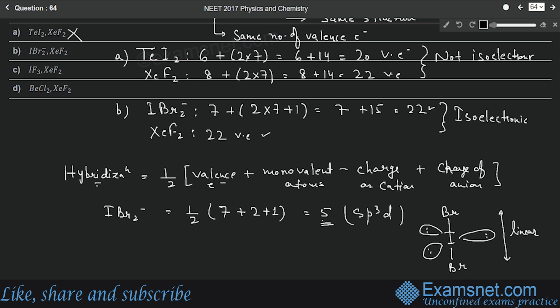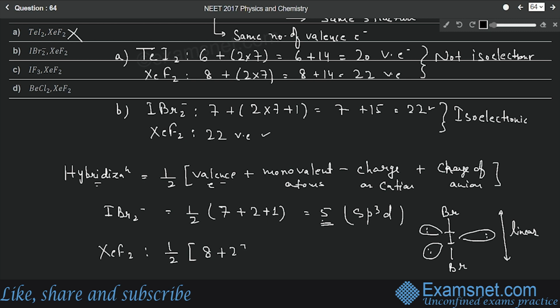If we try to find the hybridization of the second species of this pair, that is XeF2. So here we have half. What is the number of valence electrons in xenon? It is 8, right? So 8. Now there is no charge here, so the charge part will be 0. Monovalent atoms will be 2.